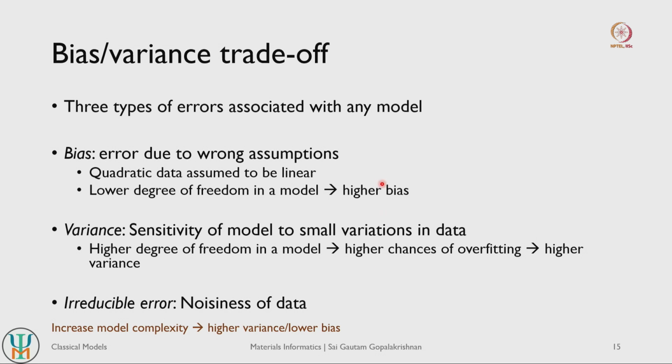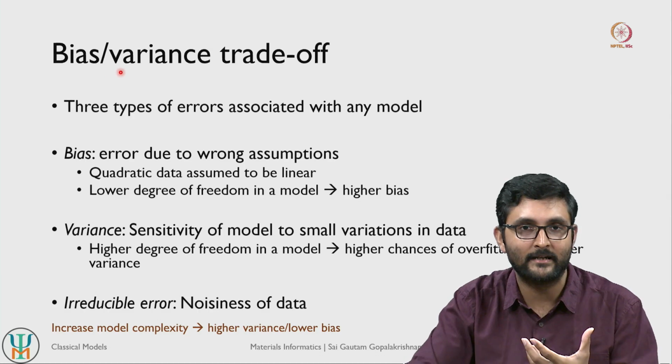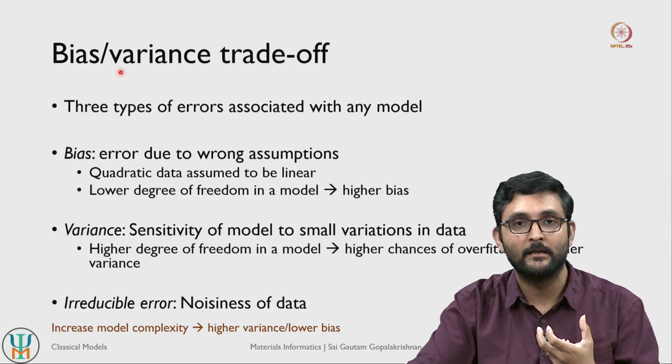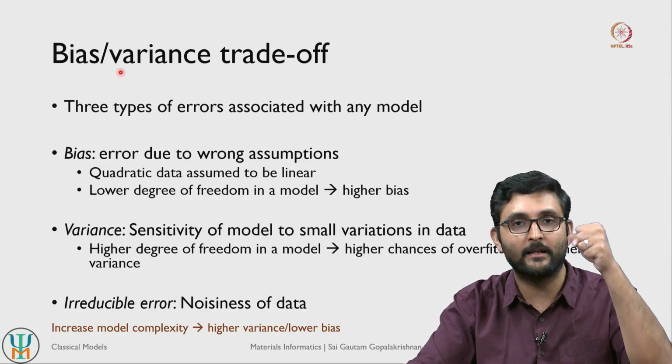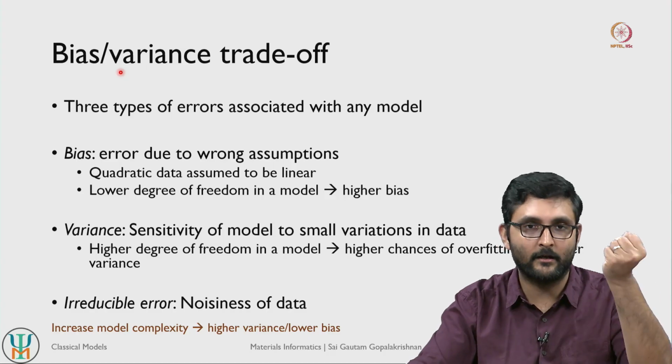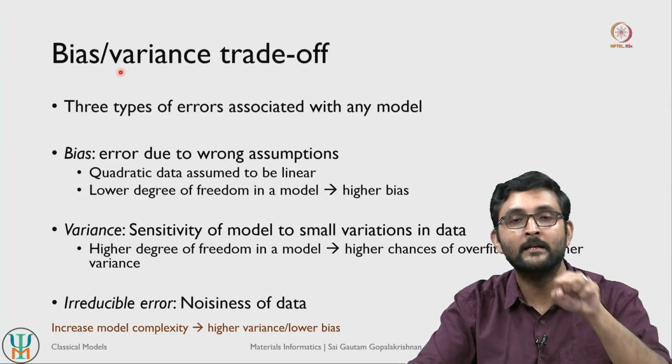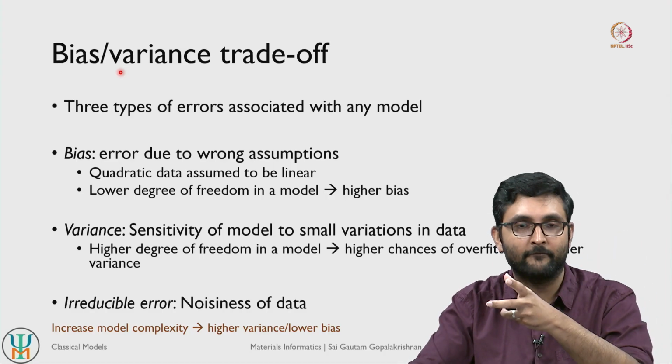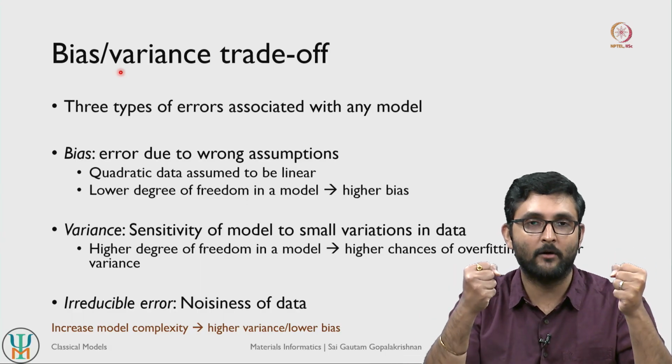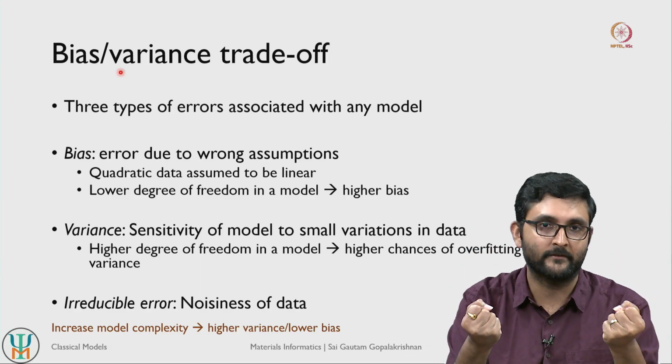So there is no way that you can actually construct a model that can simultaneously reduce both bias based errors and variance based errors. So this is a trade-off that we almost always have to understand when we build machine learning models. So we either increase the complexity or decrease the complexity. Increasing complexity leads to some kind of errors, decreasing complexity leads to other kind of errors, and we cannot create a model that can minimize both sets of errors.